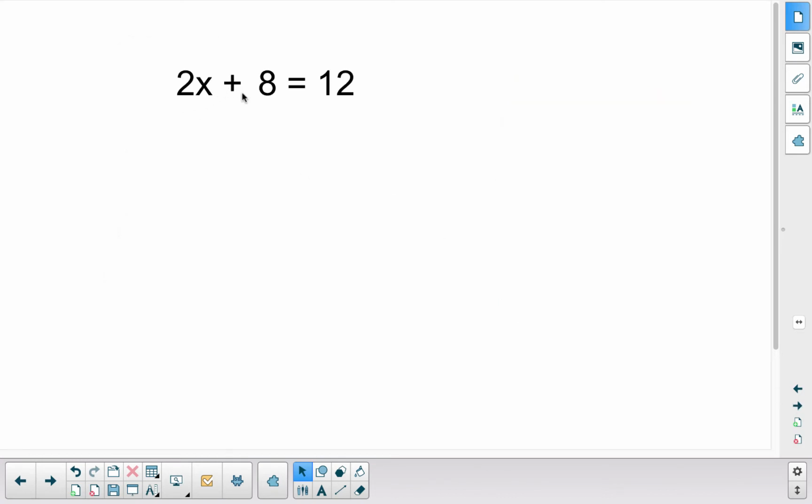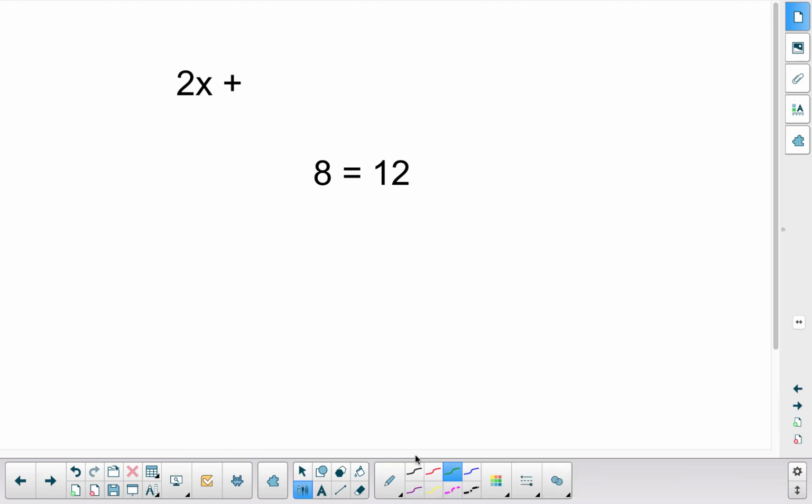And I know that 8 isn't the same thing as 12. But 8 isn't too far off from 12. If we do some basic arithmetic, we probably can recognize that 4 and 8 make 12. So if 4 and 8 make 12, and this value right here is also the missing value right here, we can rewrite this equation to simply say that 2x is the same as 4.